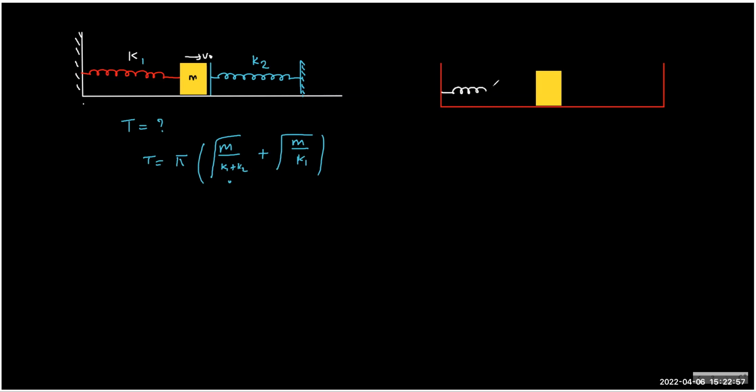Let's say we have a spring on one side, and on the other side an elastic thread, like a rubber band. Right now it is at natural length, and it will also have some equivalent spring constant. We assume the rubber follows Hooke's law, with force proportional to deformation, with equivalent spring constant K2. I hope this question is clear.